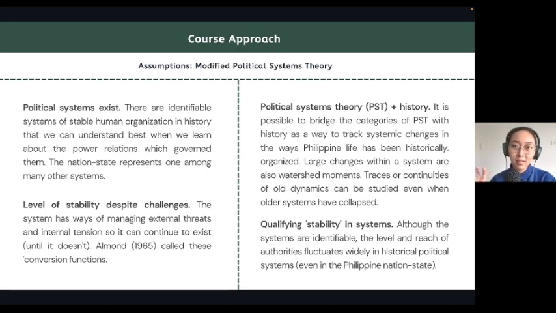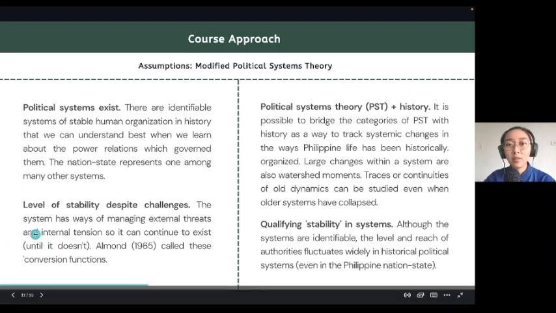But more or less, there's continuity to its existence. So, the ability for the system to manage those threats was called by one of the political scientists that theorized political systems theory, conversion functions. So, yun yung term niya para dun.